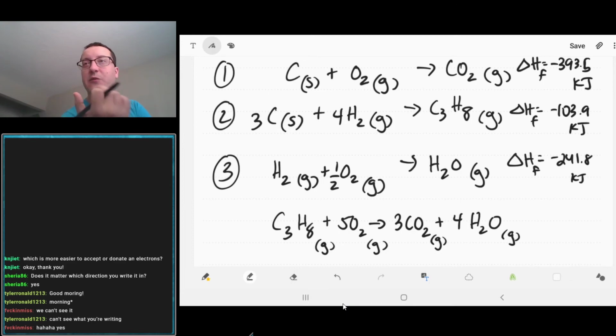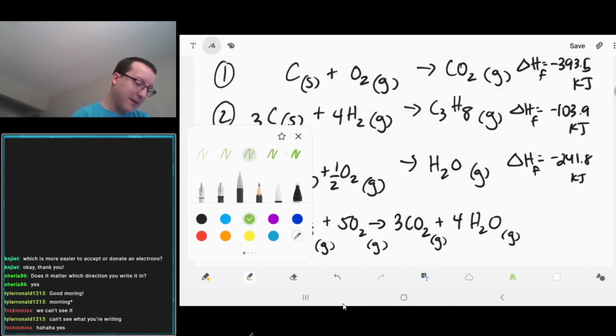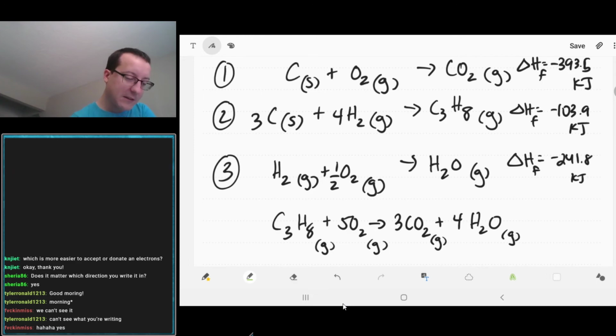Just like the Hess's law stuff, we have to make sure our products are on the product side and we have the right coefficients. So if we look at that first reaction, what we're looking to get out is CO2, right? That's part of our overall reaction. So we have to think about CO2 here. It looks like we have 3 CO2s in our overall reaction. So we're going to need to multiply this one by 3 when we add up our delta H's.